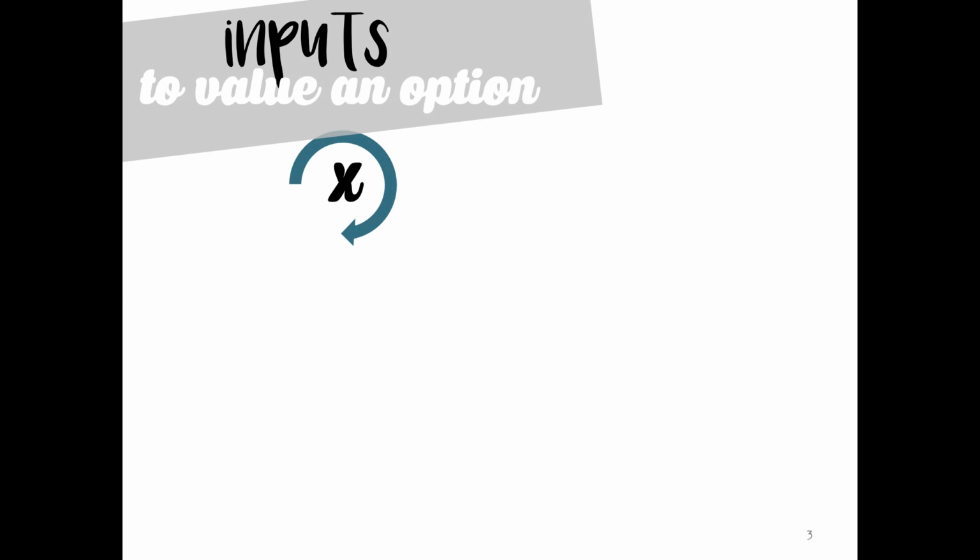For example, if the option is related to a house, which is the underlying asset, then the strike price in a call option would be the price to pay for the house. In a put option, it could be an amount of money to be collected in the future, but it's fixed. It doesn't have volatility. It's determined.